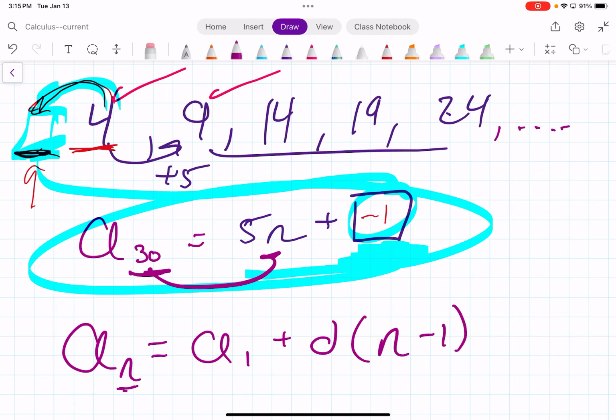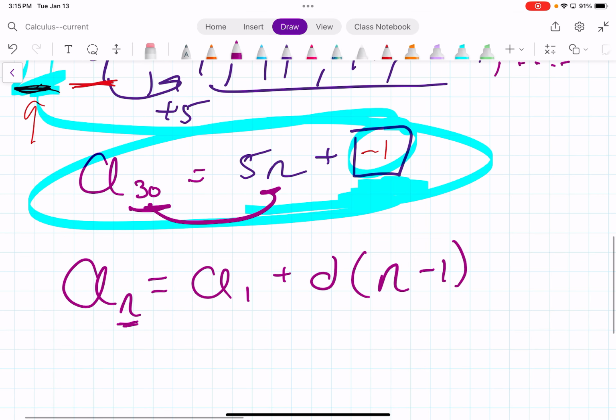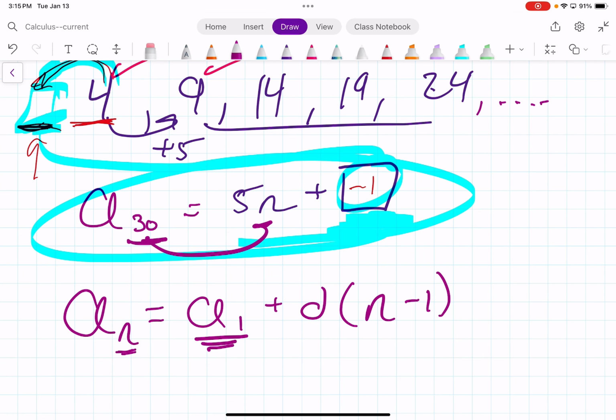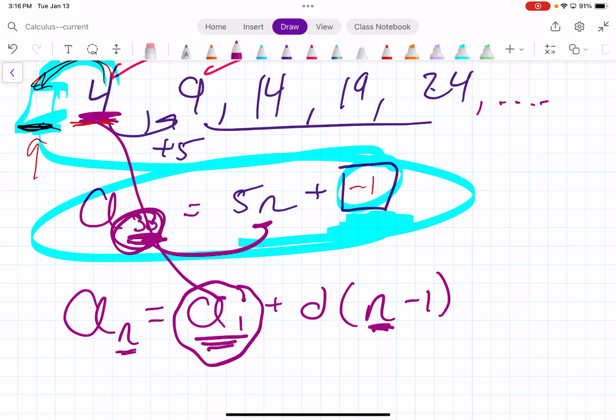So be sure you separate the number versus what position it holds, right? When I write a sub 1, I'm really talking about 4 from that list. When I write n, I'm not talking about any of those numbers. I'm talking about what position they're in. That's the difference. So when I say a sub 30, that's the 30th position. That's the n value, right?